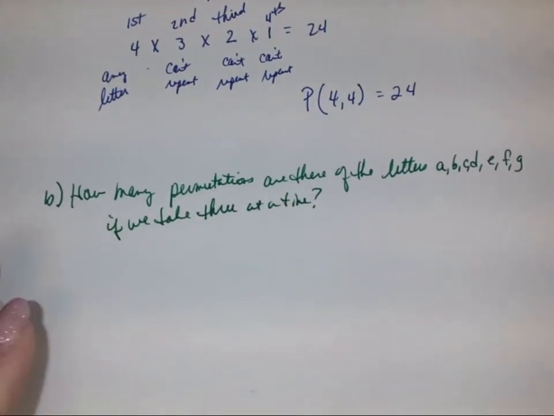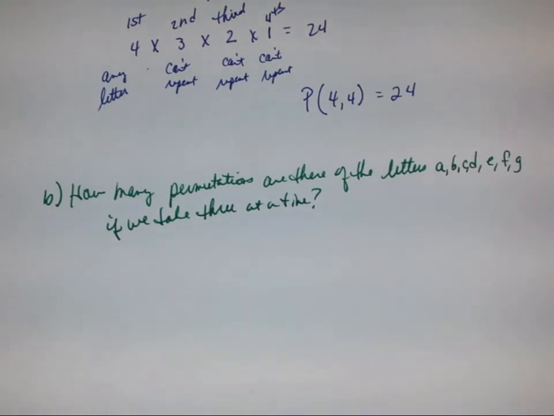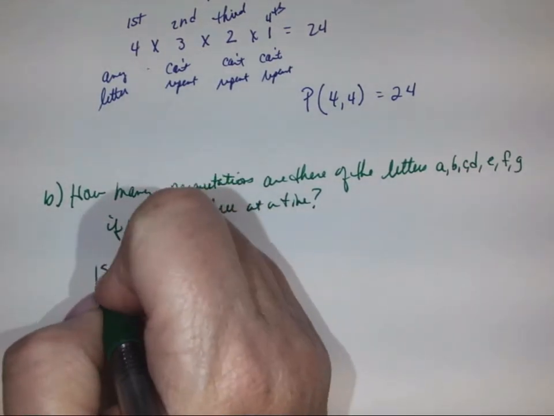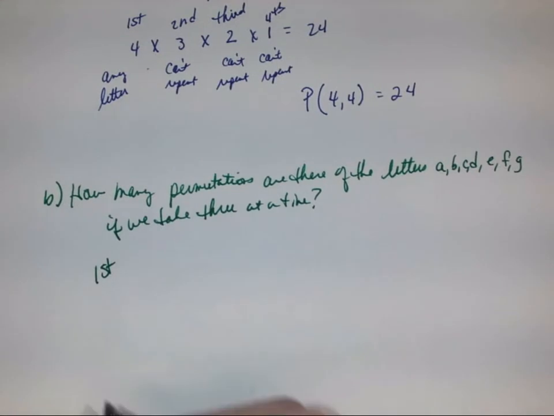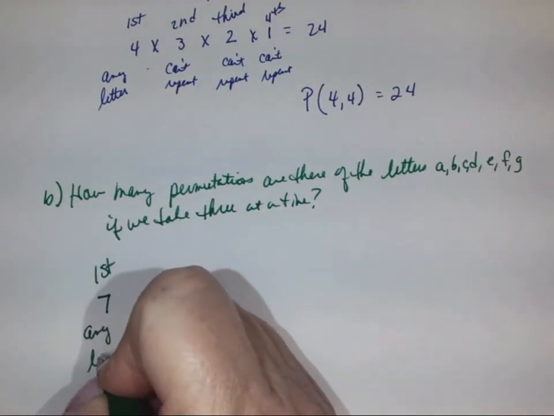So how many do we have? We have 1, 2, 3, 4, 5, 6, 7 letters. So for the first, we would have a total of 7 because it could be any letter.